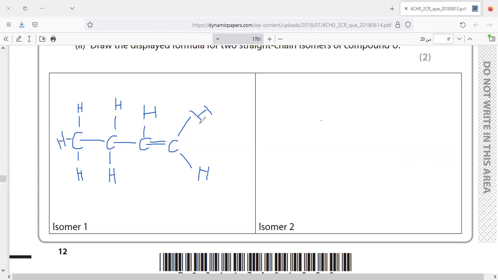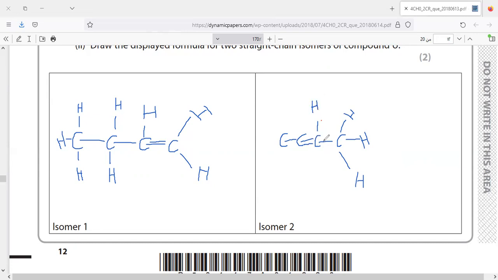C4H8, another isomer. Here, draw 4 carbons: 1, 2, 3, 4. What you will do is just change the position of the double bond. Instead of between carbon 1 and carbon 2, make it between carbon 2 and carbon 3, and then fill with hydrogen. But make sure each carbon is surrounded by 4 bonds only, not more than 4, not less than 4.